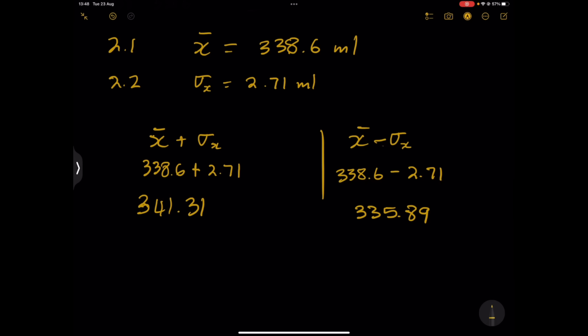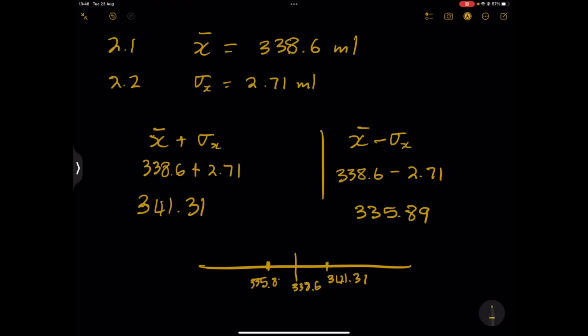So which means that if this is our data, this is our mean, okay? So if this is our mean, which is 338.6, the one that is above is 341.31, and the one that is below the 1 standard deviation is 335.89.